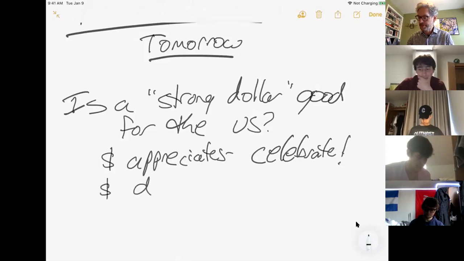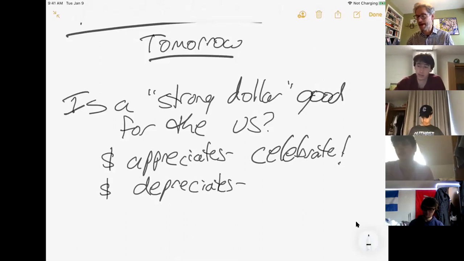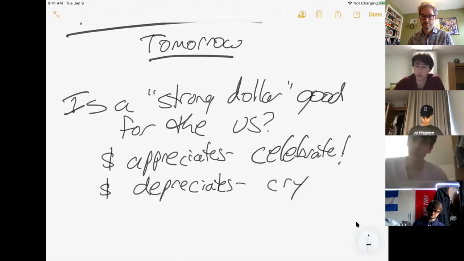And when the dollar depreciates, then we feel bad about it. Is that the way that we should respond to hearing that the dollar has appreciated or depreciated?